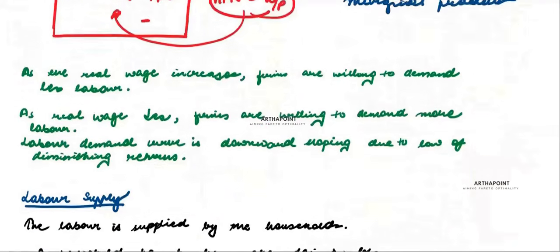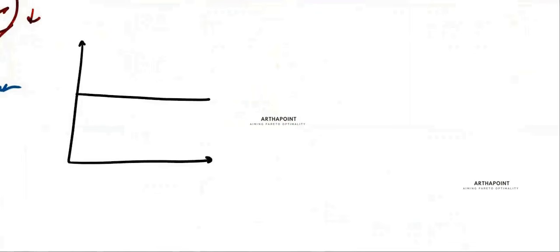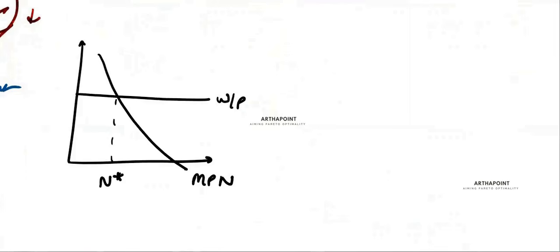Now just think about this. As the real wage increases, firms will be willing to demand less labor, and we can prove this. How can we prove this? Let's consider this. This is my real wage. This is the marginal product of labor. This is the current equilibrium. When your real wage increases, it will shift upward.